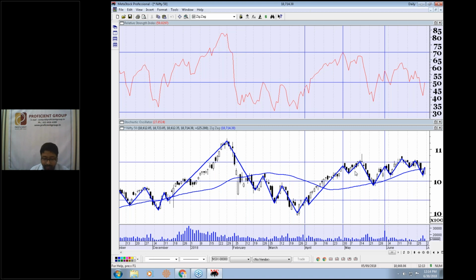So these were the 6 tenets of Dow, and these principles were set not today but some 120 years ago. I'm repeating here that Charles Dow is said to be the father figure of technical analysis.